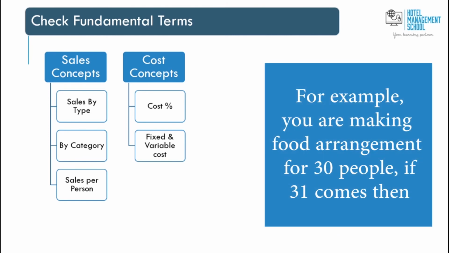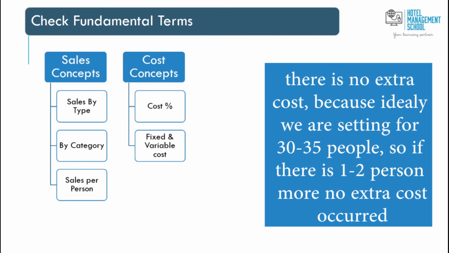But if you set up for 30 people and 31 come, is there any extra cost? There's not much extra cost, right? Because when you are setting up the buffet for 30 people, you are ideally making for 30 to 35. So if there is one person or two more, you don't need to make extra food because the food is already there. So for buffet especially, there may be a very small variable, incremental cost.